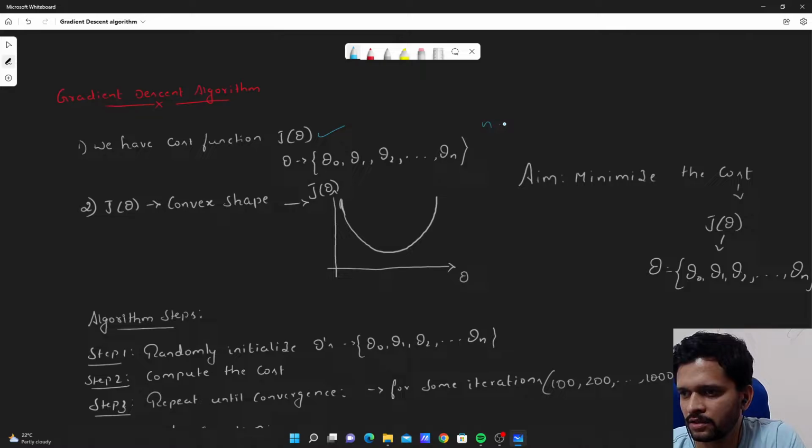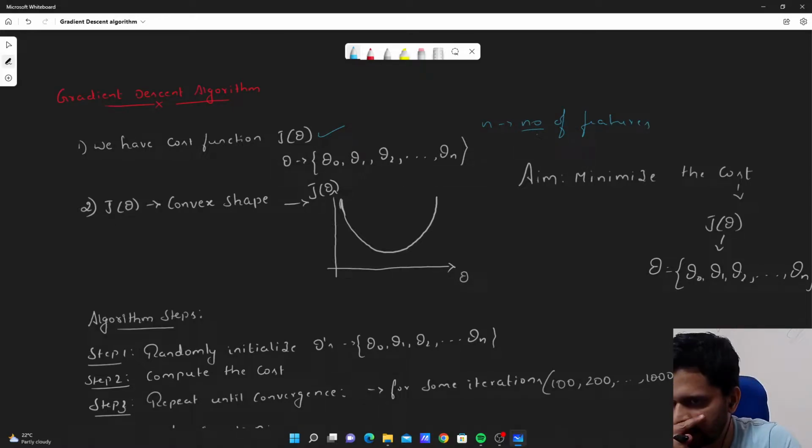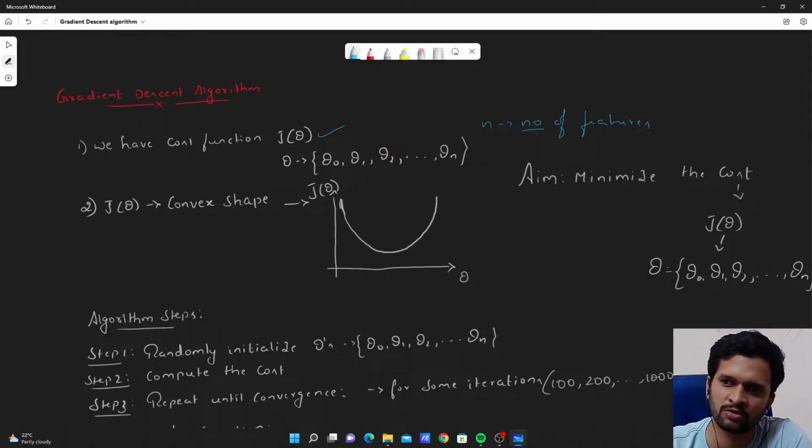So n is our number of features, correct? We'll have as many parameters to be learned as the number of features that we have in our data set. Okay, so that's about thetas and cost function.